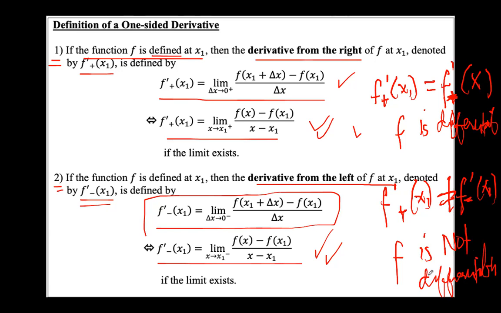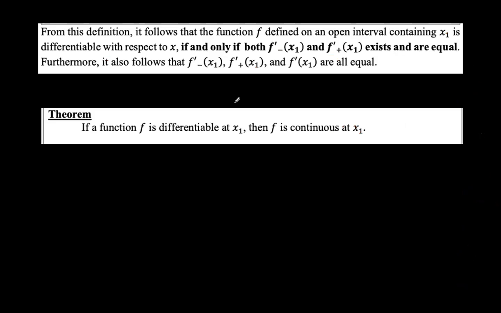Okay, understood? And of course, if one of them does not exist, then we could conclude that f is not differentiable. So these are the two conditions for us to conclude whether a given function is differentiable or not. Their limits should exist and at the same time be equal. Okay, I hope it's clear.